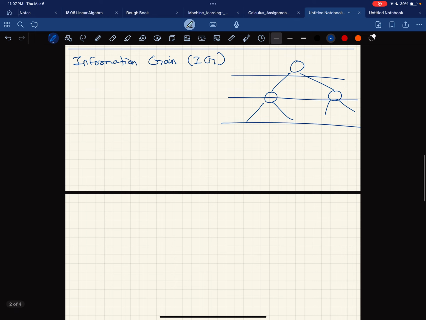Let me show you the mathematical part of the IG. Information gain is equal to entropy of parent minus summation of data set of child. This we generally refer to as parent, and this is generally referred to as child.